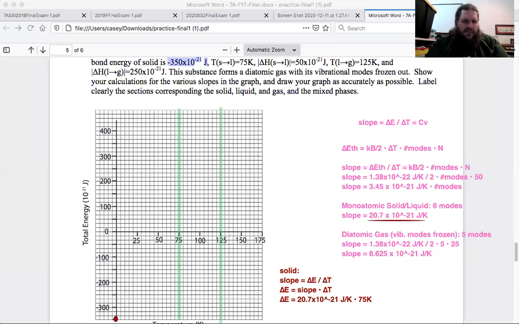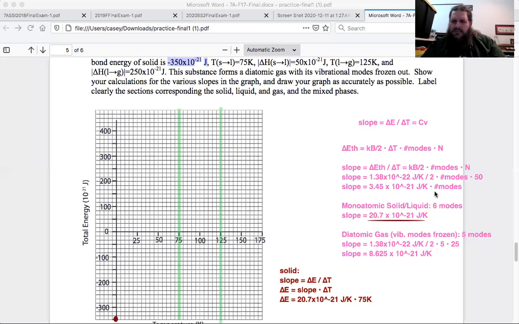Are we? 1500. Did we mess up on the number of modes there? We should have 5 modes, right? Did I get the right value for Boltzmann's constant? Is that 1.38 times 10 to the negative 22, or should it be something different?